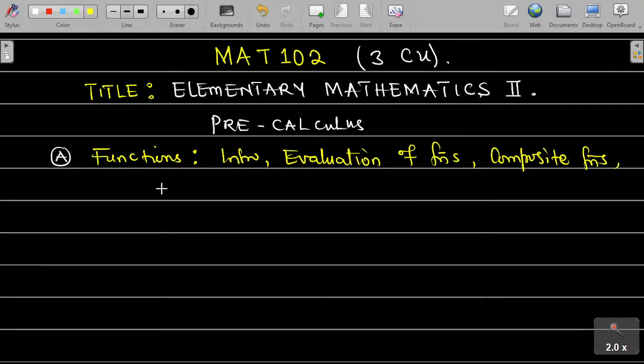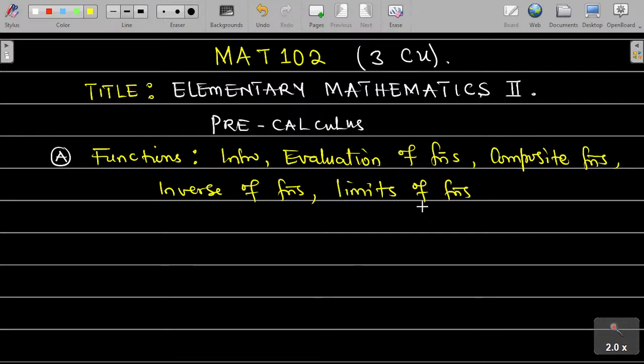And after that we are going to look at the concept of inverse of a function. After inverse of functions we will consider what we call limits of functions.